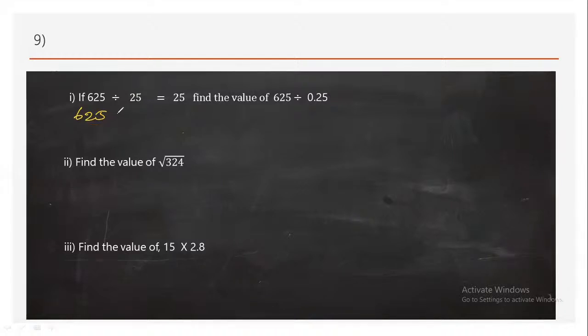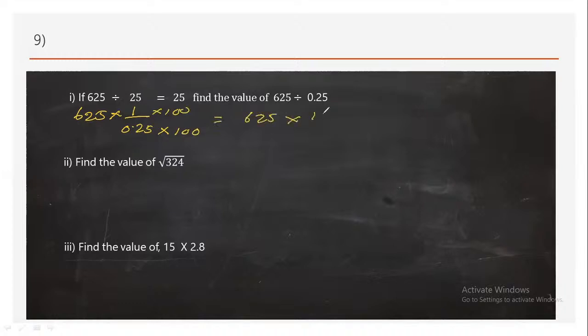Instead of the division sign, I will write a multiplication sign, 1 over 0.25, the reciprocal of this, right? Then I want to remove the decimal places, because with decimal places I know it is difficult for you, 2 places to remove, so multiplied by 100.